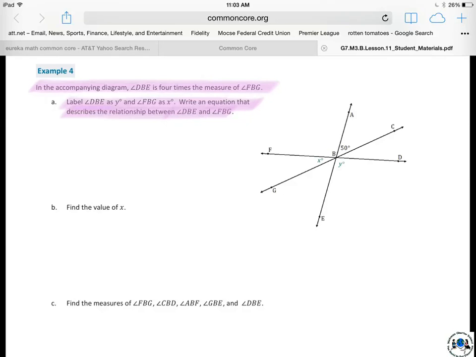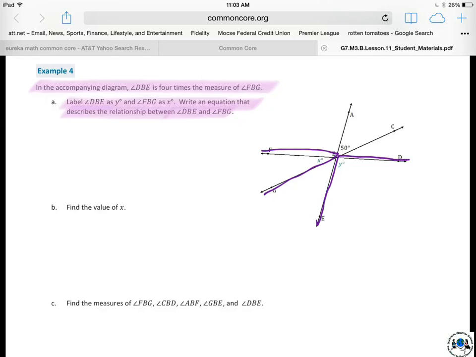But anyway, I guess what you need to do here is go ahead and write an equation that describes a relationship between DBE, which is here, and FBG, which is there. What would that relationship look like?